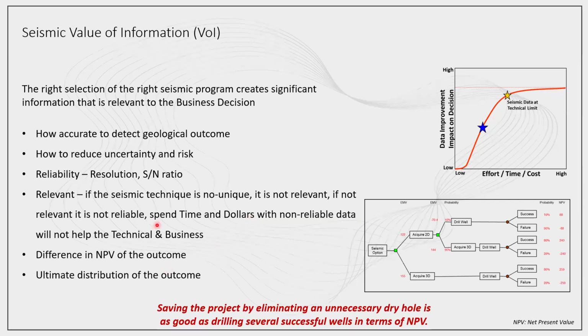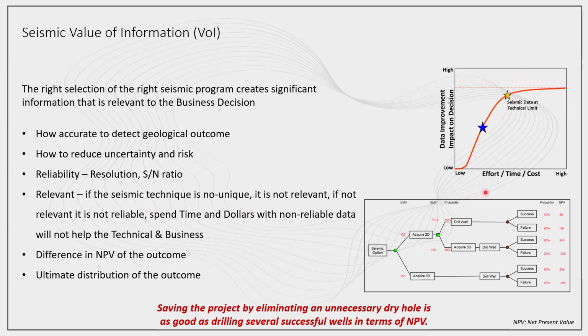If we have the right data, we can make a difference in the NPV of the outcome, and based on that, the ultimate distribution of the outcome. If the data is relevant, at that time we are using the right data, fit to purpose, not spending a lot of money with very little impact on the decision.